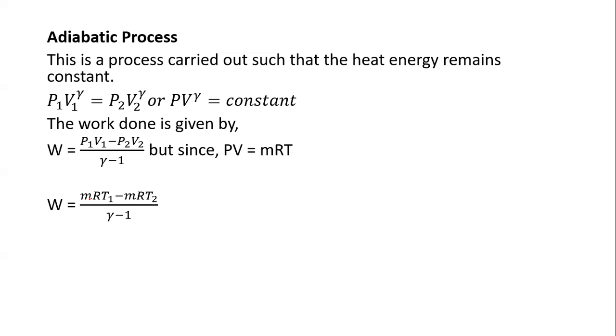Now you can already see that MR is constant. Why not factorize? MR is common. Inside the brackets, we have T1 minus T2, divided by gamma minus 1. So if you're looking for work done, you can either use this expression or the expression we have up here.